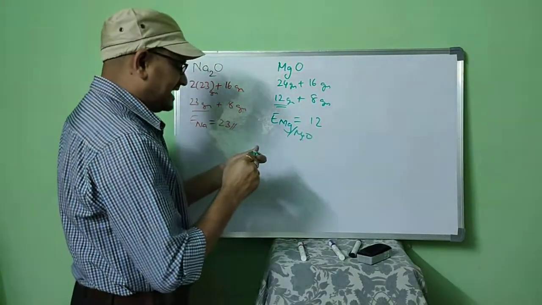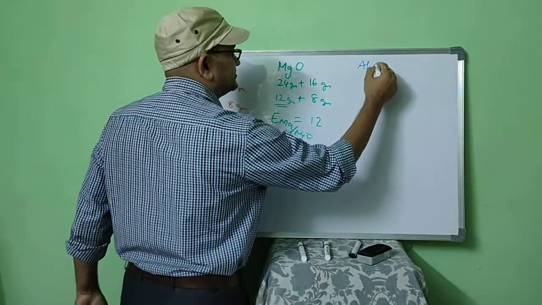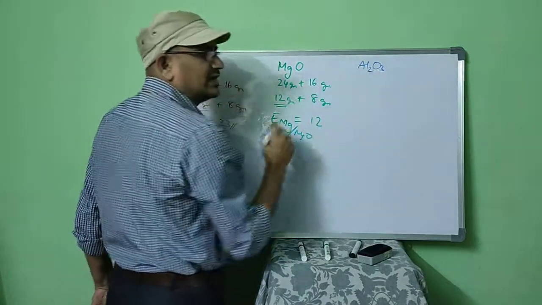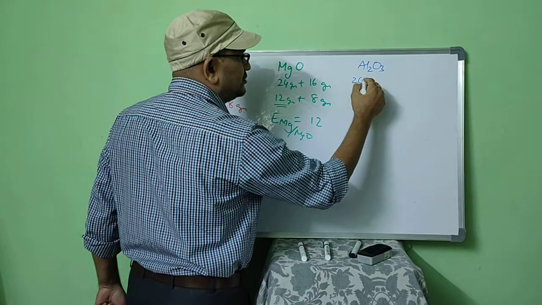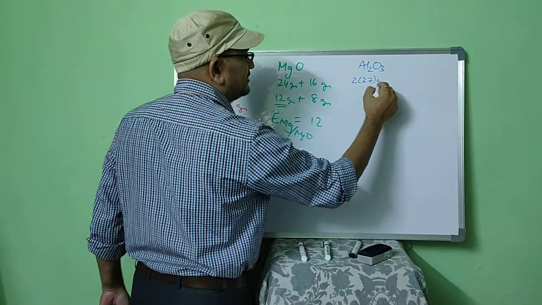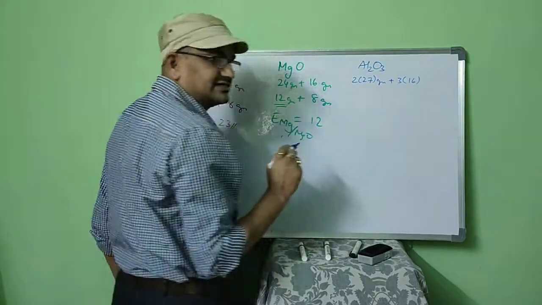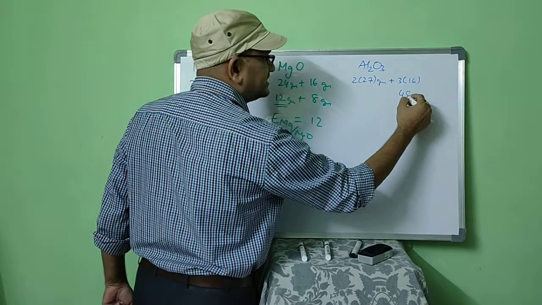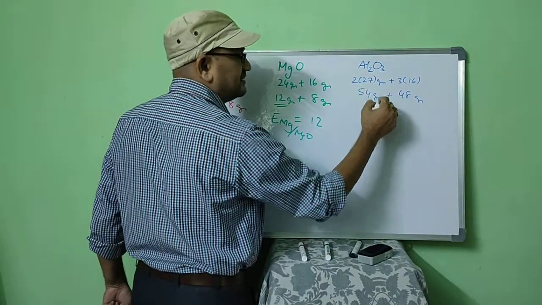Similarly, let us take another substance, Al2O3. In this, let us find the equivalent mass of aluminum. As per the atomic mass values, 2 into 27 grams of aluminum had combined with 3 into 16 grams. 3 into 16 grams means 48 grams of oxygen had combined with 54 grams of aluminum.